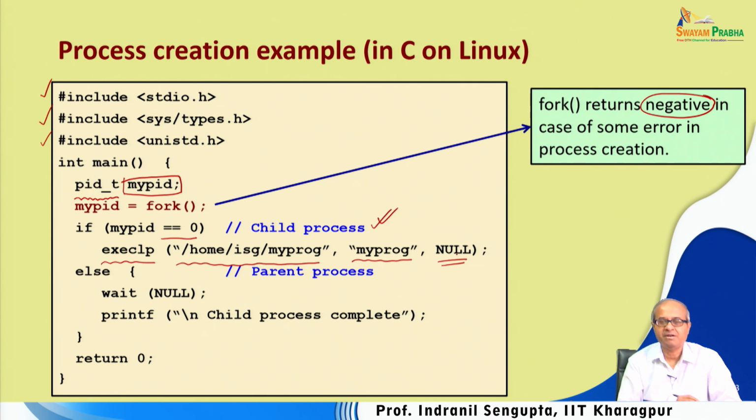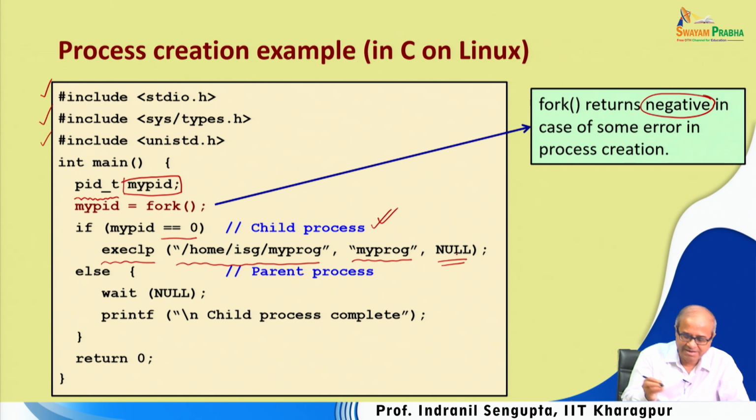So, what will happen? Myprog is an executable program already stored in that path, home/ISG/myprog. That program will be loaded by the operating system and a new process will be created, and whatever the child was will be overwritten by that new memory map: text, data, heap and stack. So, now the parent and child will be 2 entirely different processes, nothing shared.